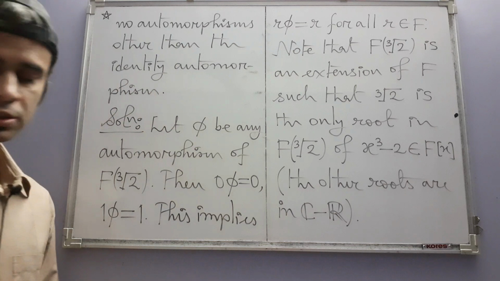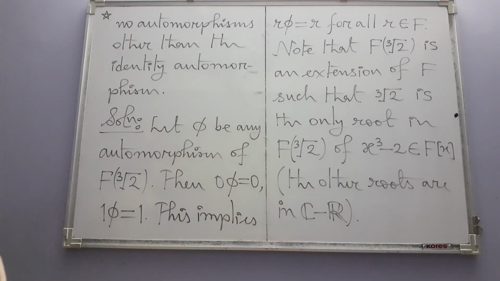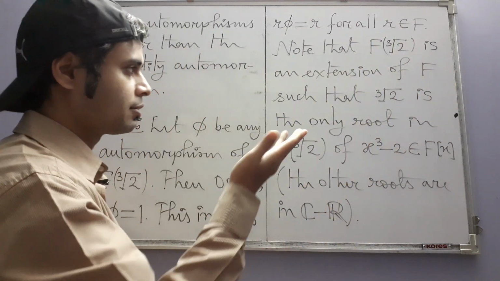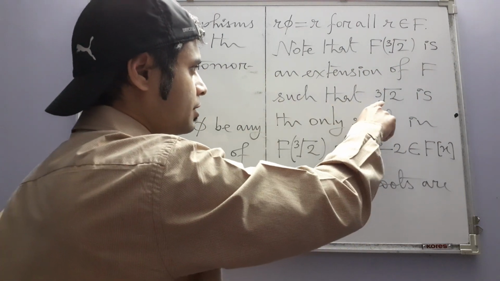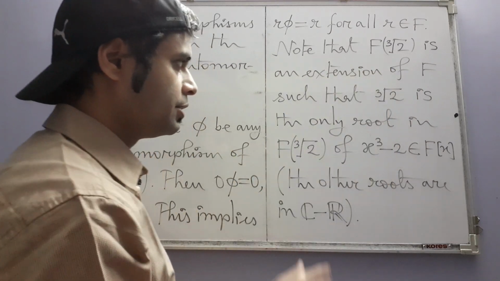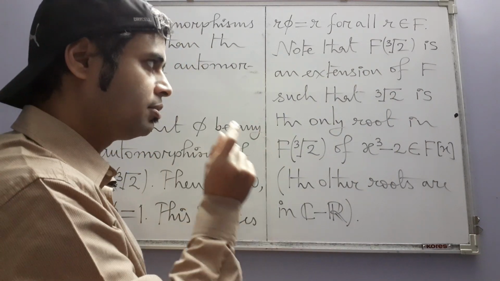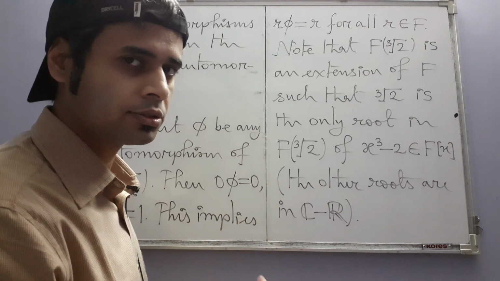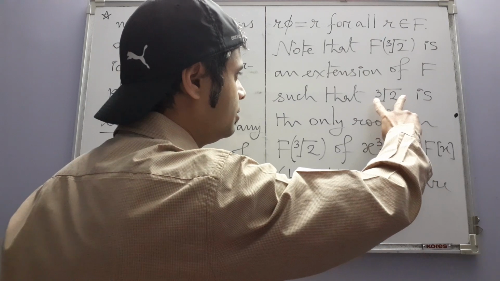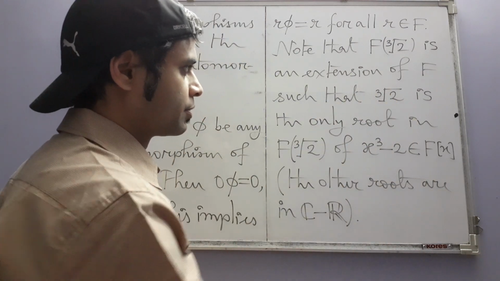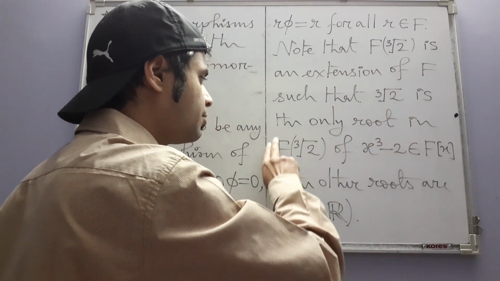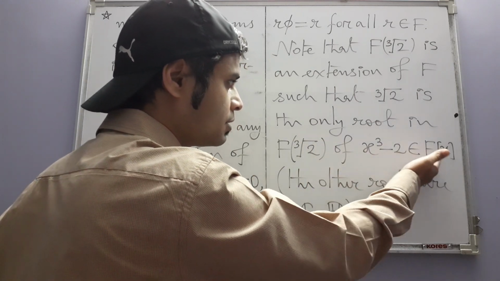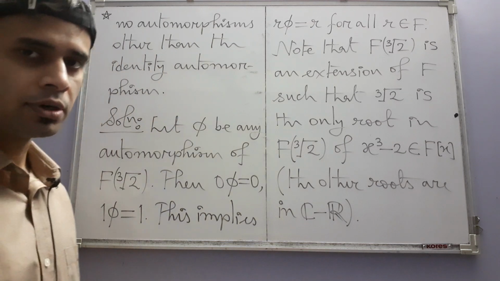Okay, so let us first try to understand what we have written here. This is an extension of f that we can of course see, such that cube root of 2, this is the positive real cube root of 2, which exists, we know this from calculus or analysis. This is a real root, and this is the only root lying in this extension of this polynomial, which is a polynomial over the field of rational numbers.